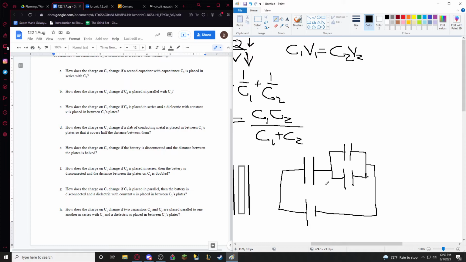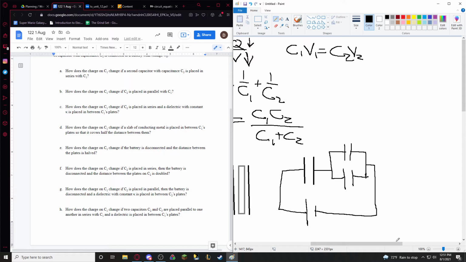Didn't we do that exact problem right at the beginning with two capacitors in series? Oh, okay. So it's basically Q1 is equal to Q23. And is that greater or less than the initial charge on C1 before C23?